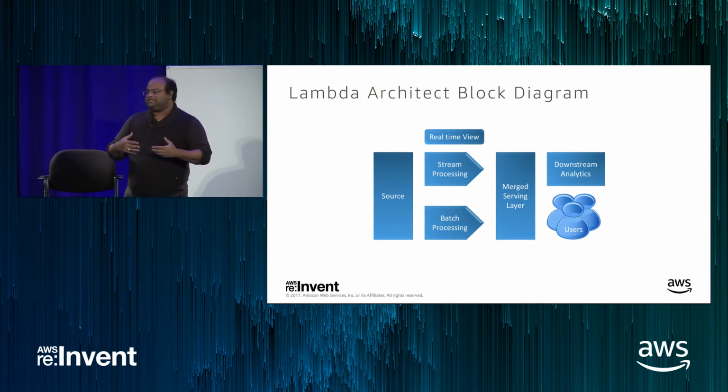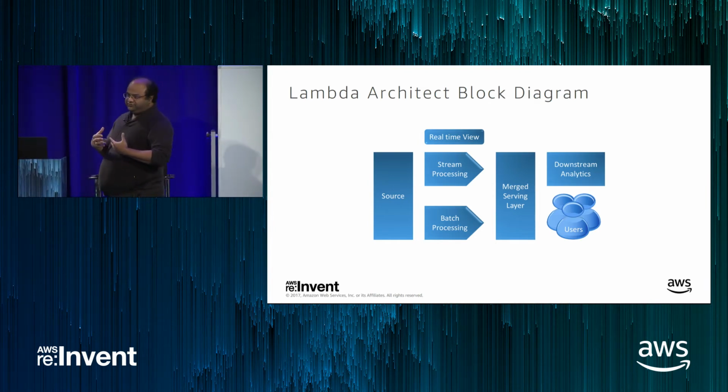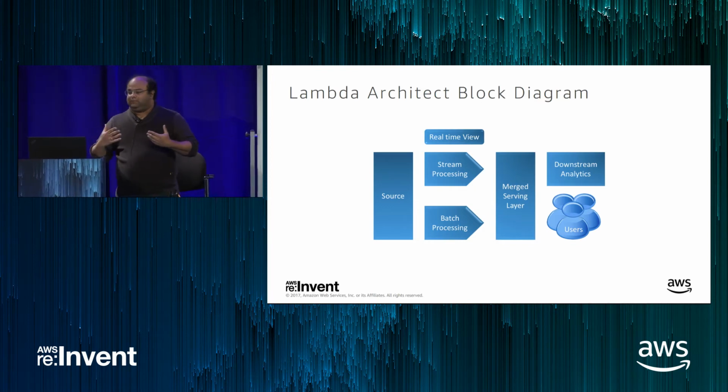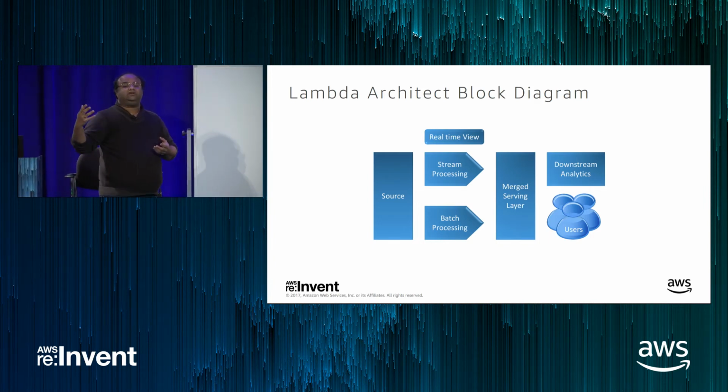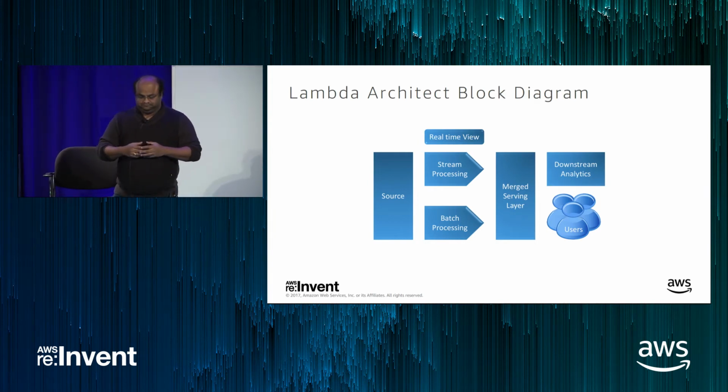From your stream processing blocks, you create the real-time views, and via your batch processing blocks, you create the batch views. Both these views are merged at the merge layer. From there, the merge layer will power your dashboard, your queries, or any further downstream analytics that you want to do.